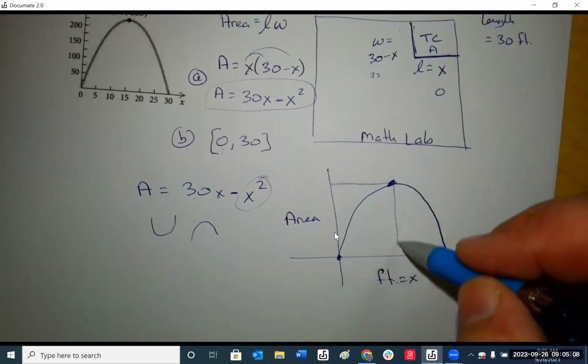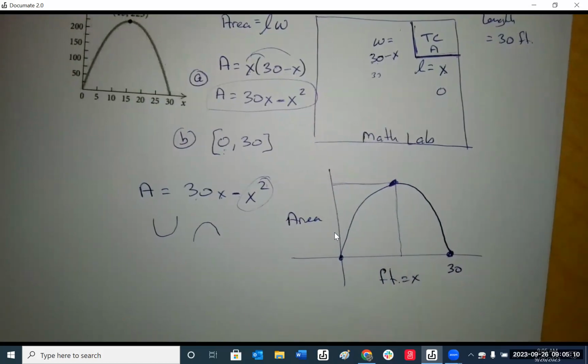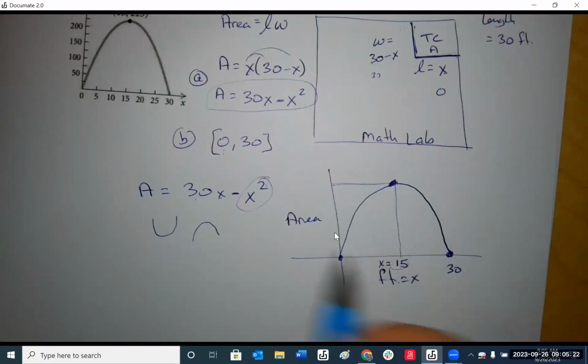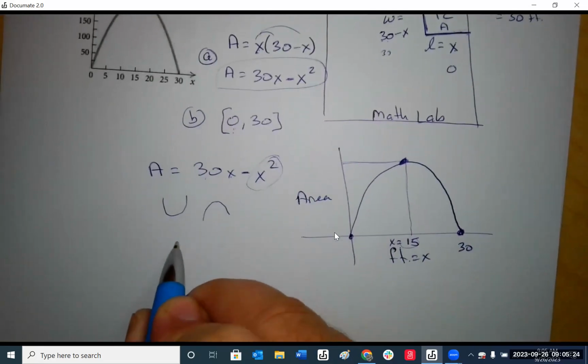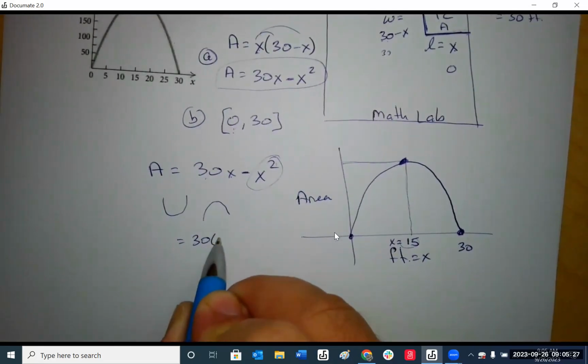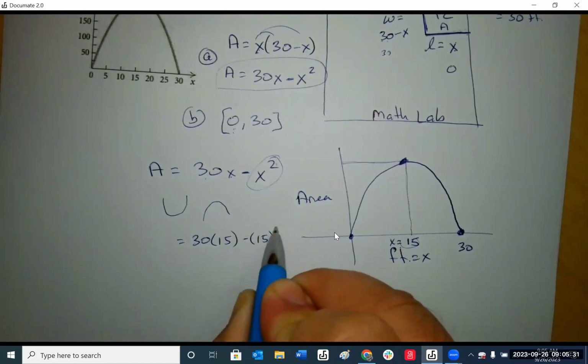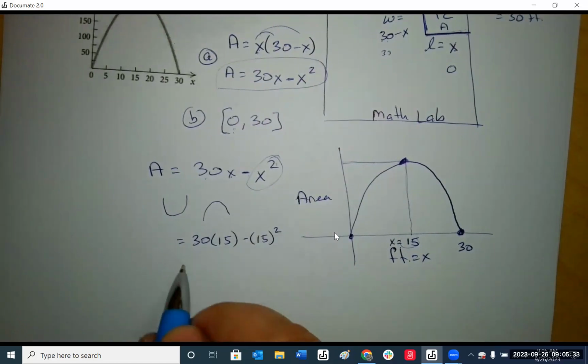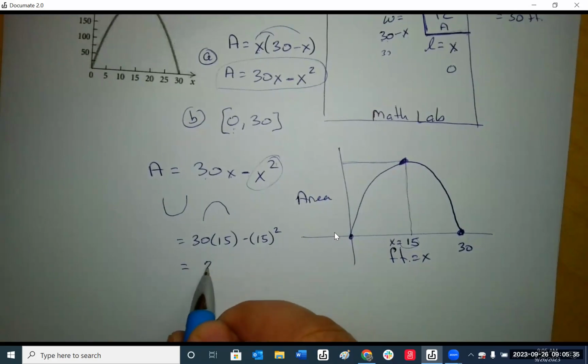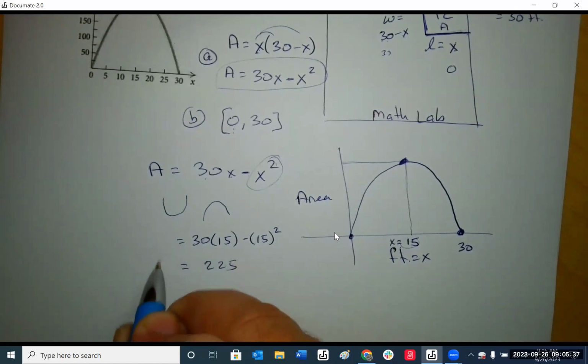So the highest point is going to be halfway between the beginning and the end, which is at 15. This is my X. If we put 15, 30 times 15 minus 15 squared, we will get 225.